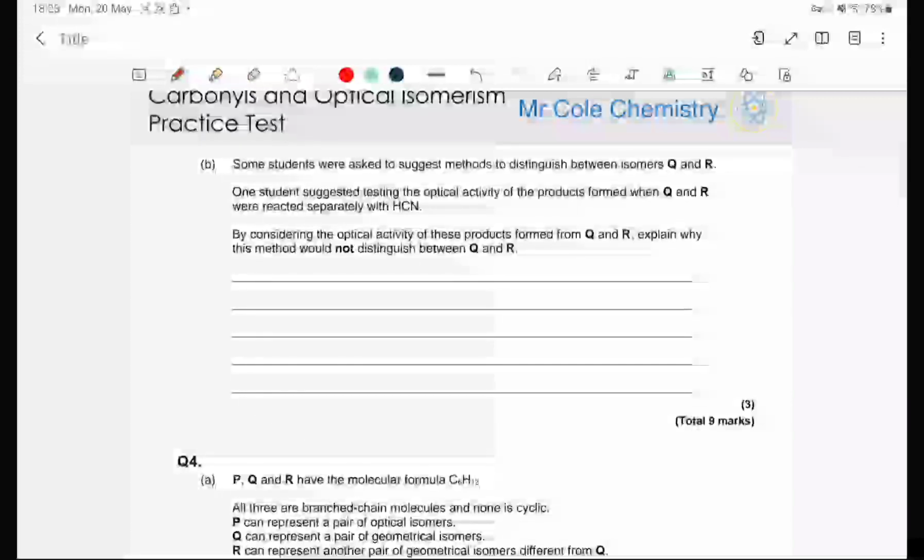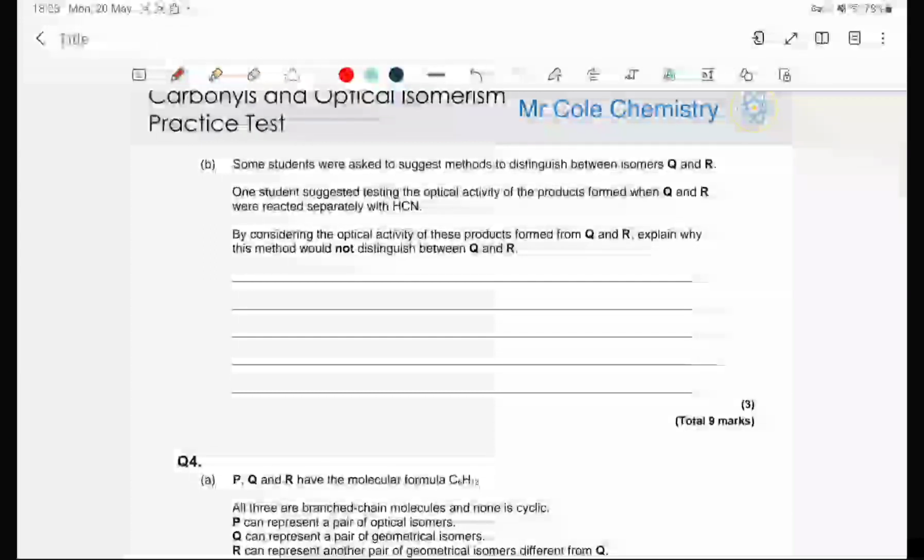Option number 1 is that something is optically active. Option 2 is that something is not optically active because it does not have a chiral center. And option number 3 is that it has no effect on the plane polarized light because it's a racemic mixture.